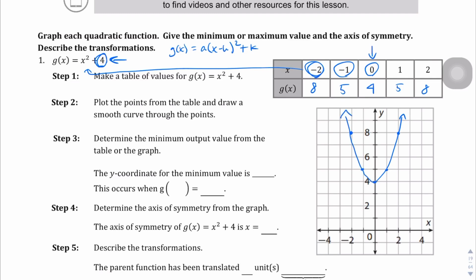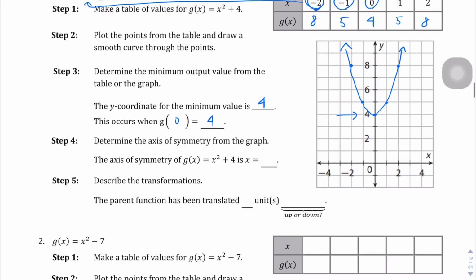Okay, and so if we continue on with this, let's look at step 3. The y-coordinate for the minimum value right here, the minimum value is 4, and this occurs when the x value is 0, when g of 0 equals 4. Determine the axis of symmetry from the graph.